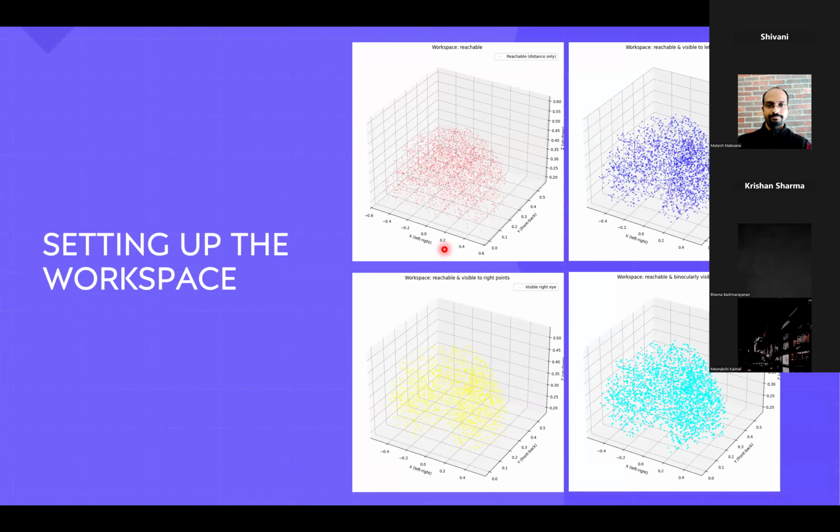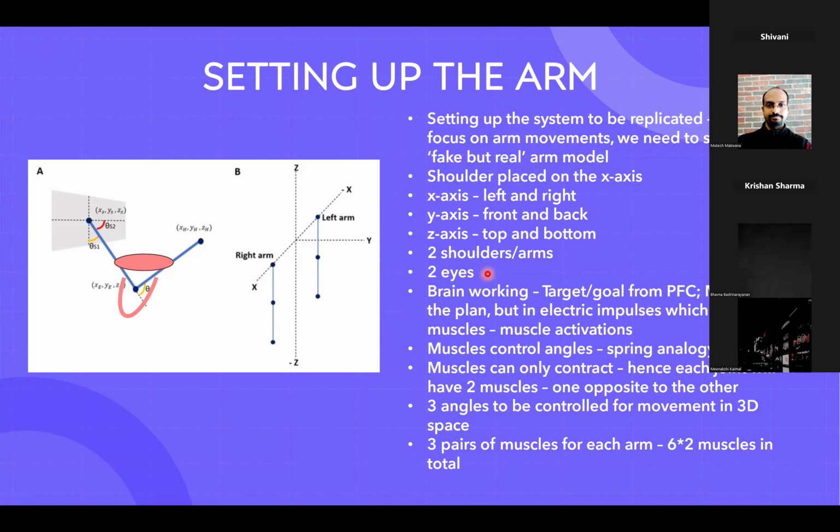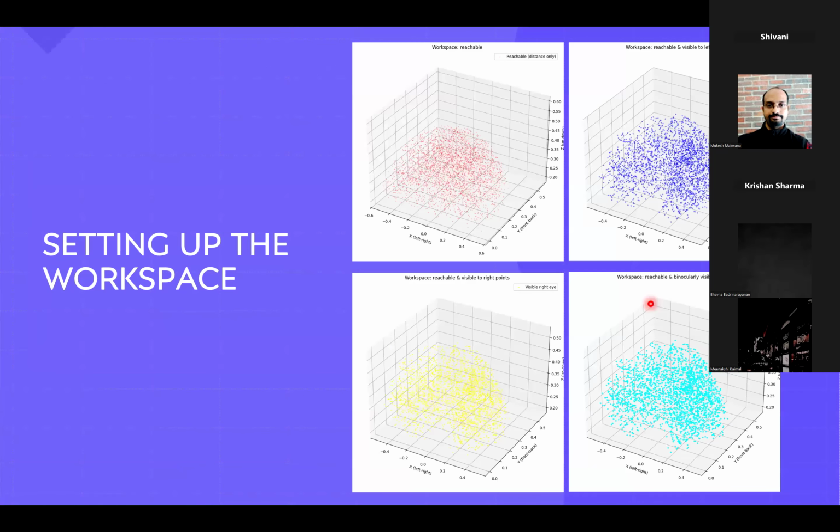Next is setting up the workspace. We saw that we set up the X, Y, and Z axis as defined here, and we know how the arm is going to work. Now we need to define the target or the goal position itself. To do that, we can't just randomly take any point in the 3D space. Why?